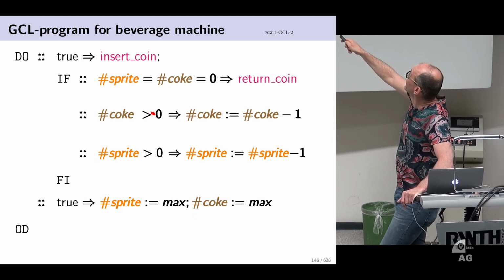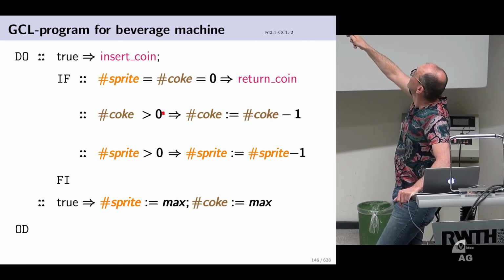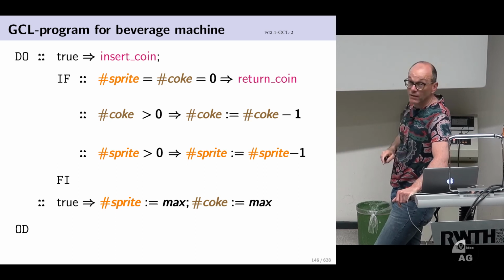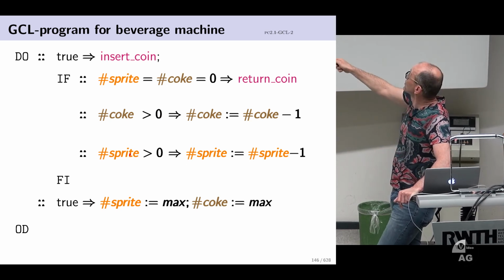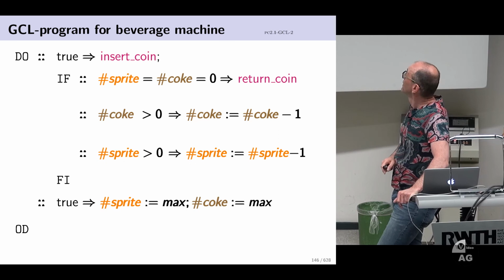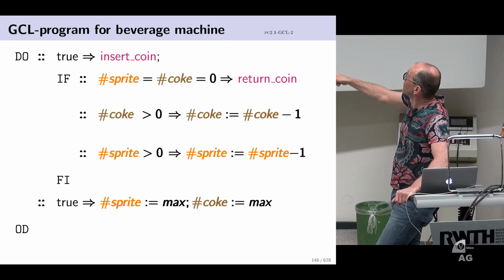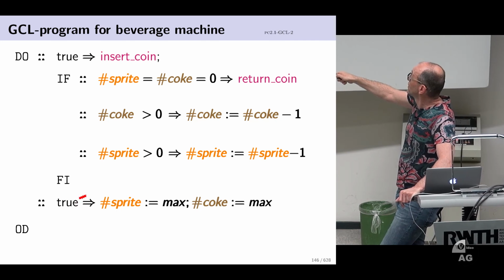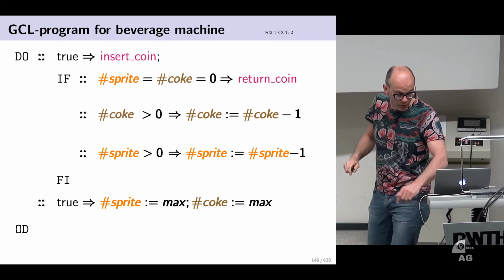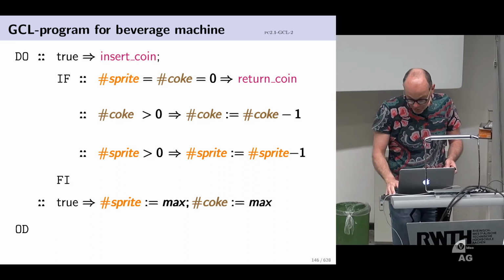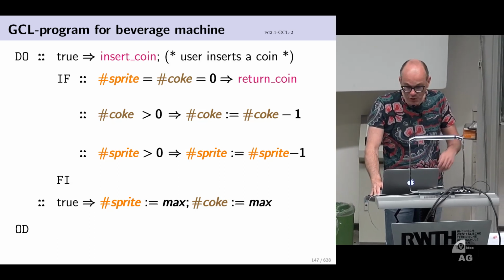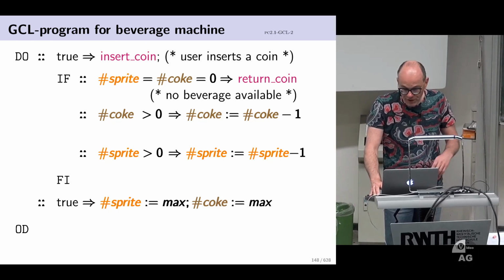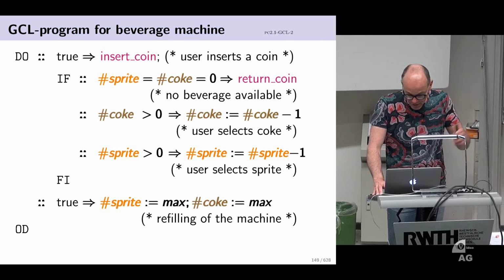If there is at least a Coke bottle, then you can get a Coke bottle. If there is at least a Sprite bottle, you can get a Sprite bottle. And the second possibility in this loop is that you refill, which is always possible, so the guard is true. You refill both the number of Coke and the number of Sprite bottles. So this is: user inserts a coin, no beverage available, select Coke, select Sprite, etc. I think this is clear.